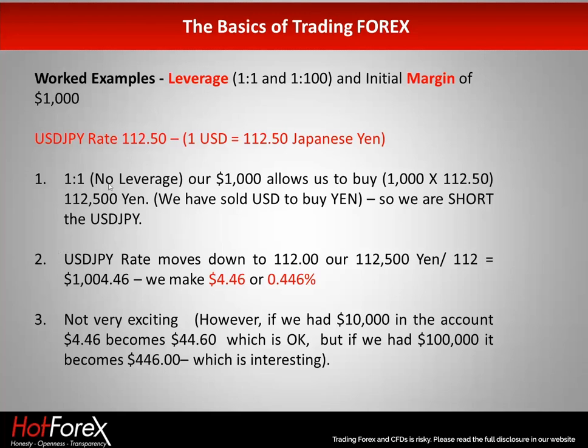Sometime later, the USD JPY rate moves down to 112.00. So what does that mean if we sold our position now? We sell our 112,500 yen, and the rate now is 112, so we divide our 112,500 by our rate, 112.00, and that returns us $1,004.46.